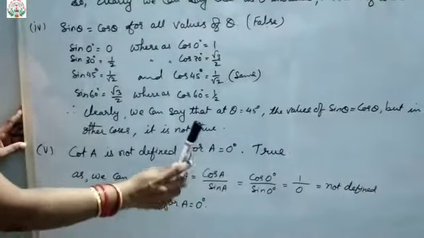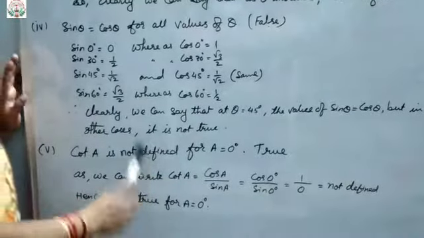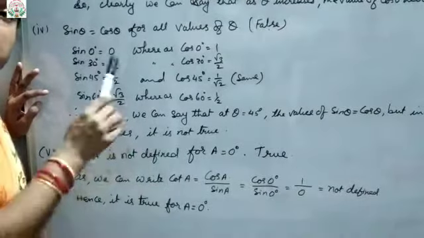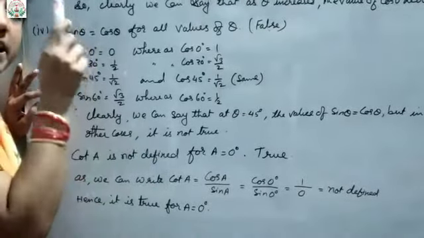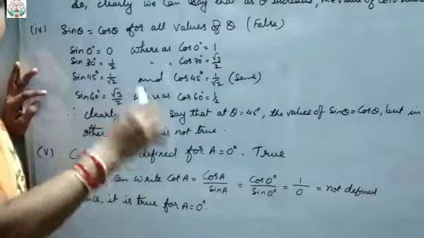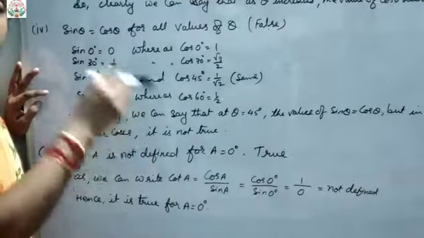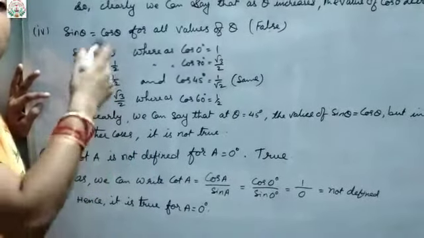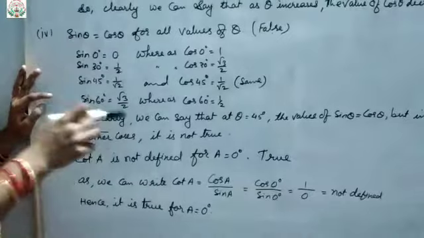This statement is true. So now children, after this 8.3 exercise will come. That particular exercise is fully exempted, or you can say it is eliminated from your syllabus for this year, with examples of 8.3 as well as the whole exercise of 8.3.